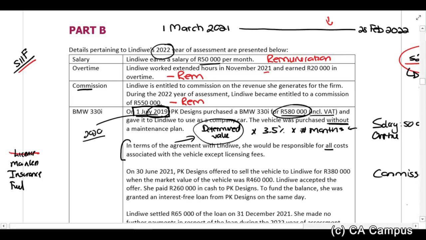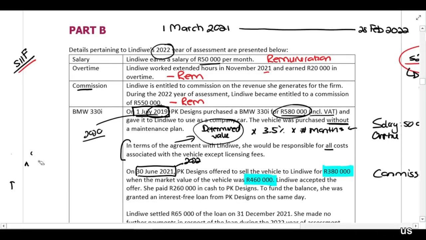On the 30th of June 2021, okay, so that's in our 2022 tax year here, PK Designs offered to sell the vehicle to Lindiwe for 380,000 rands when the market value of the vehicle was 460,000. So they're going to sell it for 380, market value is 460,000.